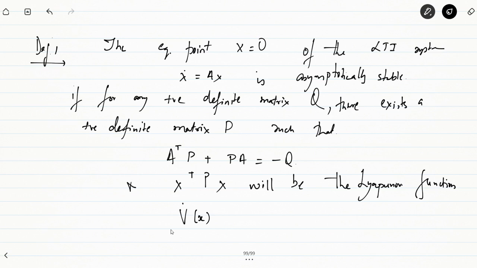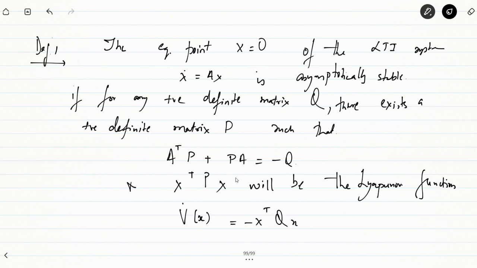So we have to determine the matrix P. Once we have the matrix P, we'll be able to find out the Lyapunov function. So Lyapunov function V of x will be equal to x transpose P x, and V dot x will be equal to minus x transpose Q x. Fine.